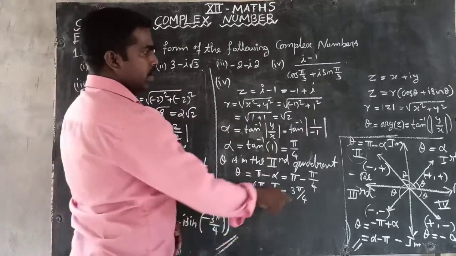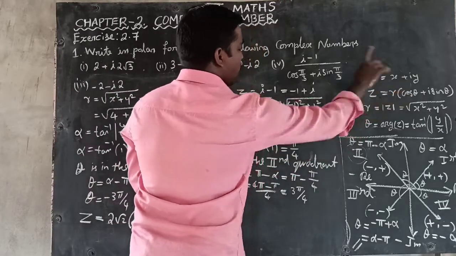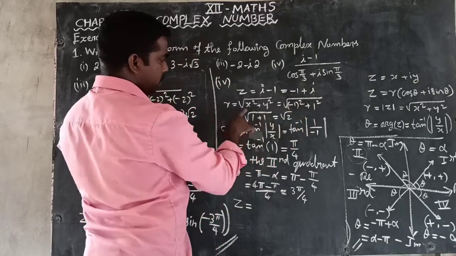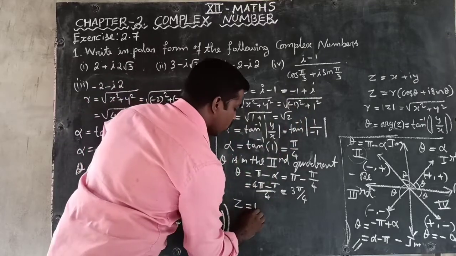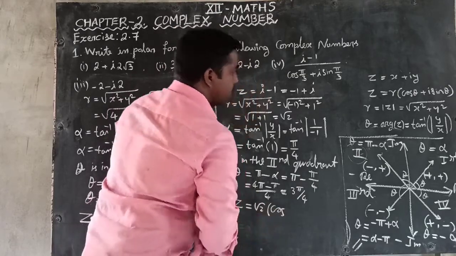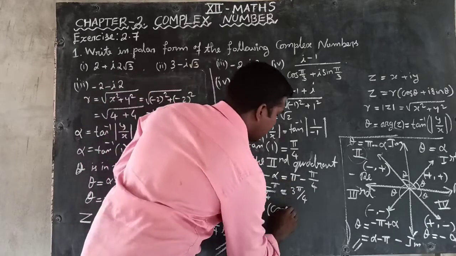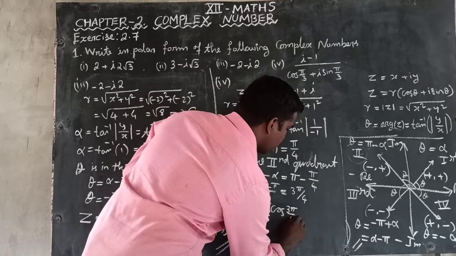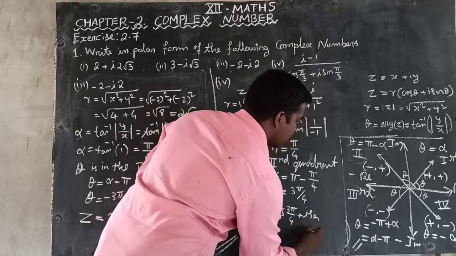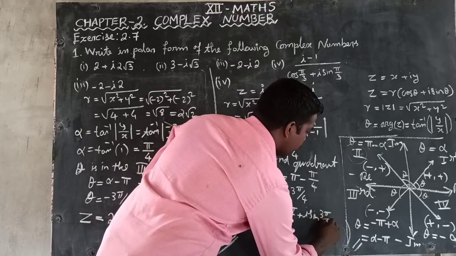So finally we can substitute in polar form. So z is equal to, r is root 2. So root 2 into cos of 3 pi by 4 plus i into sine of 3 pi by 4.